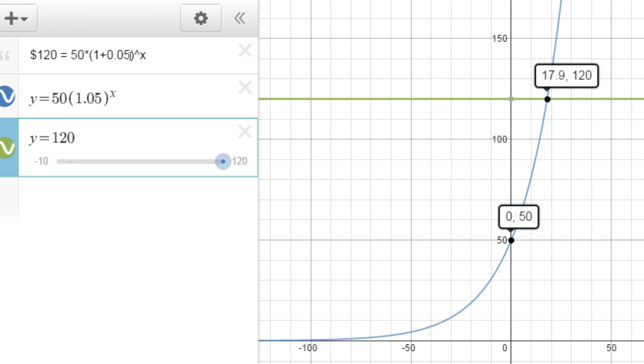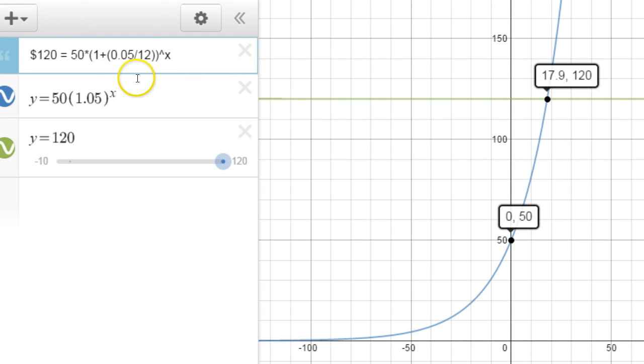So when you are working with this, you might be dealing with a different compounding of interest. So let's say that instead of just being compounded every year, you are actually compounding every month. Let's say 12. So what you would do is divide the percentage by 12. 1 plus, yep, that's right.